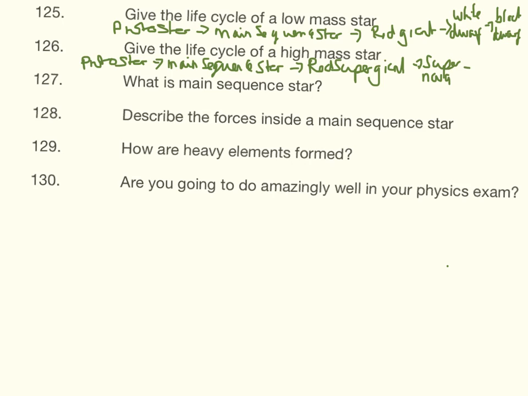And then it either becomes a black hole or a neutron star. The main sequence star is the majority of the life, and that's where nuclear fusion is taking place.